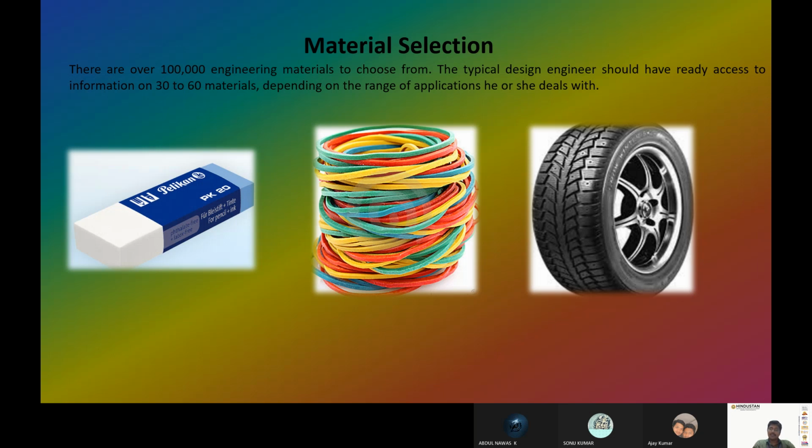And the third one is in the tire. So you can't use the same rubber that we use for an eraser in the tires. The tire is also manufactured through a rubber, and in the middle it is a rubber band.